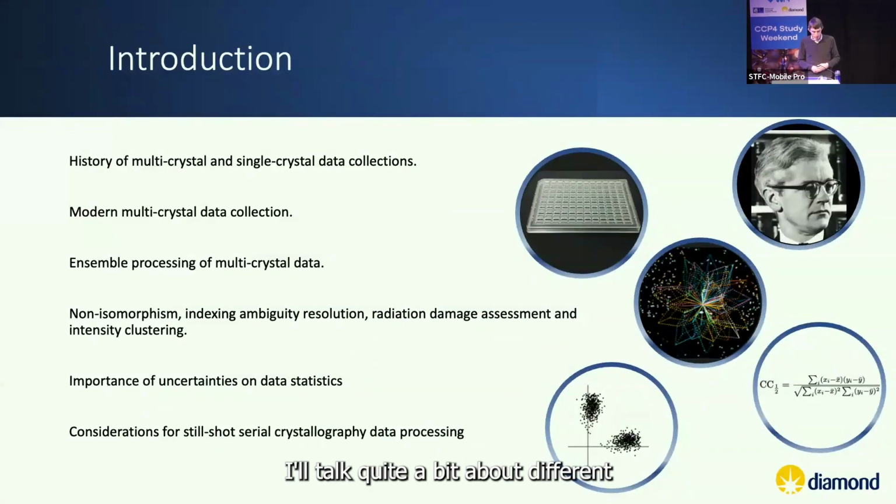I'll talk quite a bit about different levels of non-isomorphism and how we can assess this in processing, and then a few slides on the importance of uncertainties in data statistics, and also some considerations for serial still shot crystallography. So really I'm presenting the accumulated knowledge over a long period of time that's been achieved through many careful methods development and experimental studies.